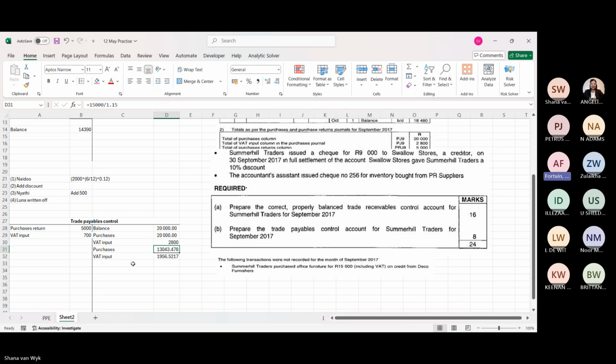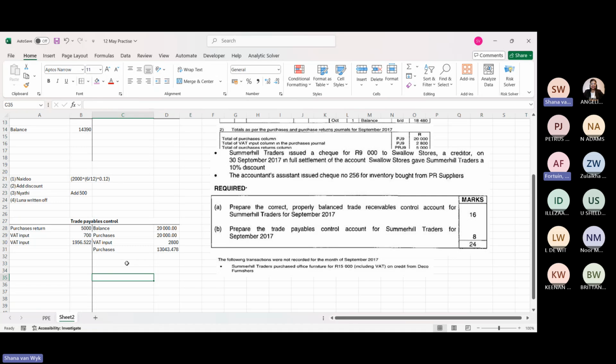No, you're wrong, Zuleika. Am I wrong? Yes, you're wrong. Input is what we receive, opposite of output, which goes to SARS. It's a liability. So VAT input is an asset. Output is what we charge on our sales and services. No, that's when we purchase.